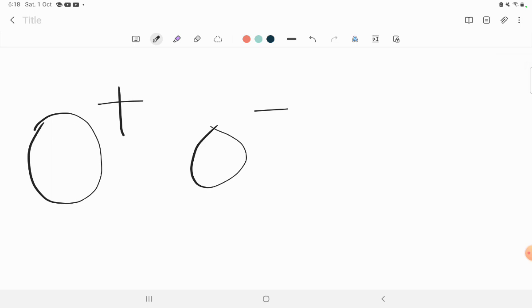Ions. What are ions again? Let me look at my notes.